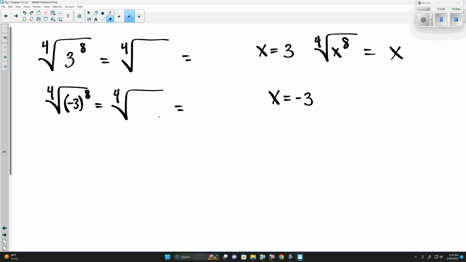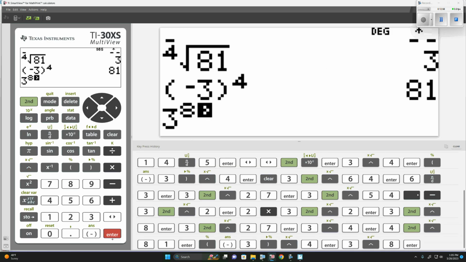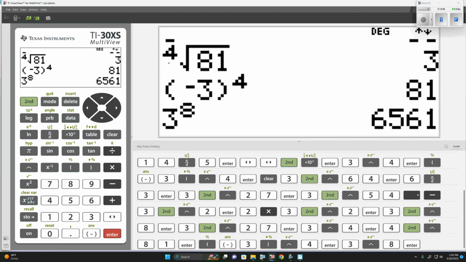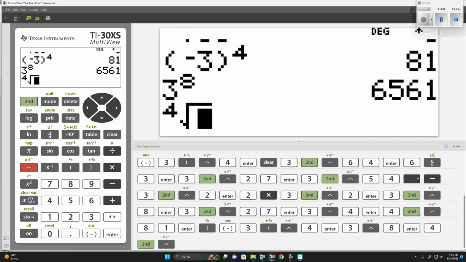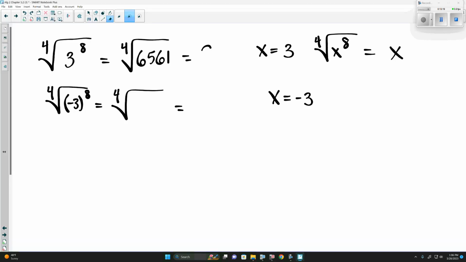So 3 to the 8th power is 6,561. And if I take the fourth root of 6,561, we get 9. So we plugged in 3 and got 9. Well, 9 is just what?